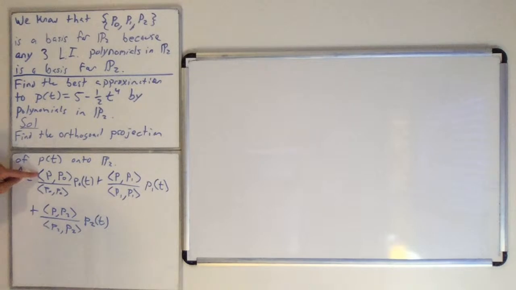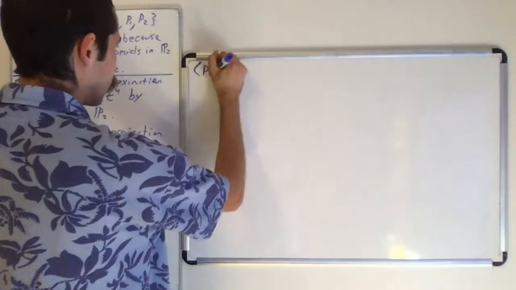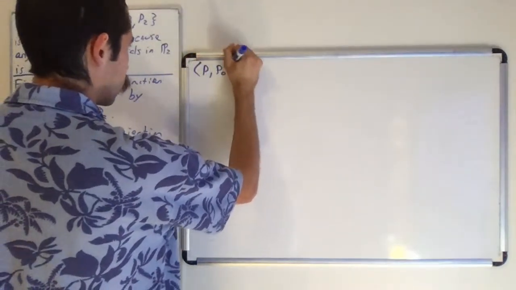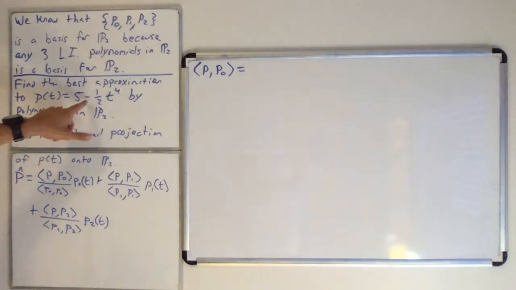All right, so we need to find P times P0, P times P1, P times P2, and then each of the basis vectors times itself. So I'll just work out these calculations. We evaluate our polynomial at -2.